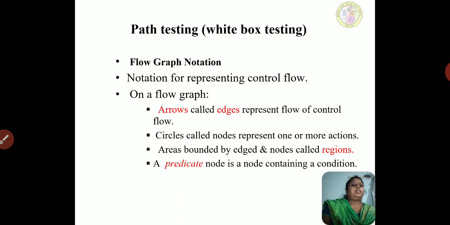Next, circles are also known as nodes. Each circle represents one or more actions. Then rectangles are areas bounded by edges and nodes, and altogether they can be called regions. Then a predicate node is a node containing a condition.